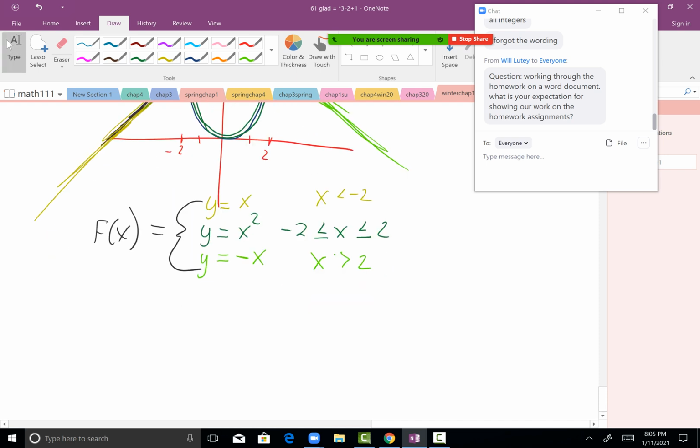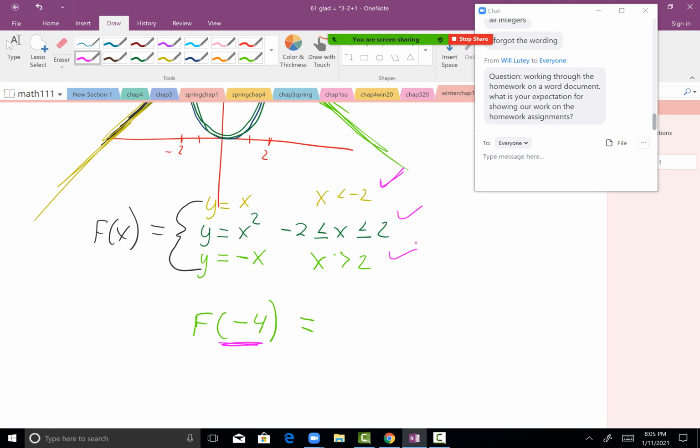So if this was the case, and we want to find the value of -4, then what we'd want to do is see, okay, which condition does -4 meet? Does it meet this condition? So it would be the top one, the middle one, or the bottom one. Which one does the -4 fit? Which condition?